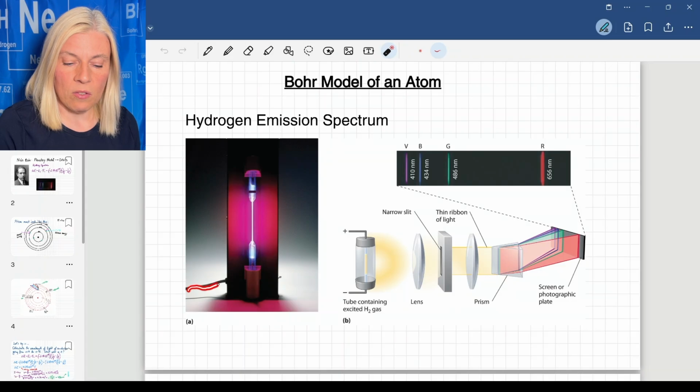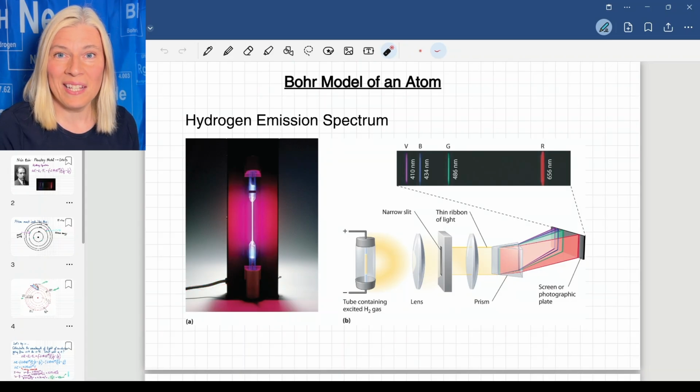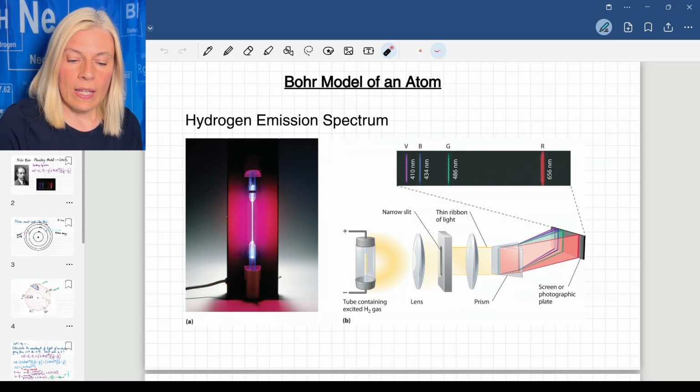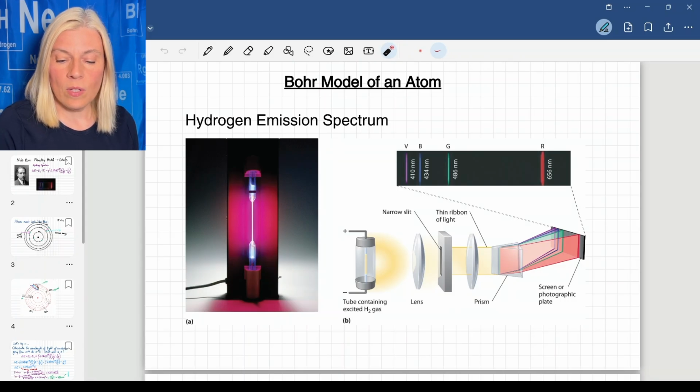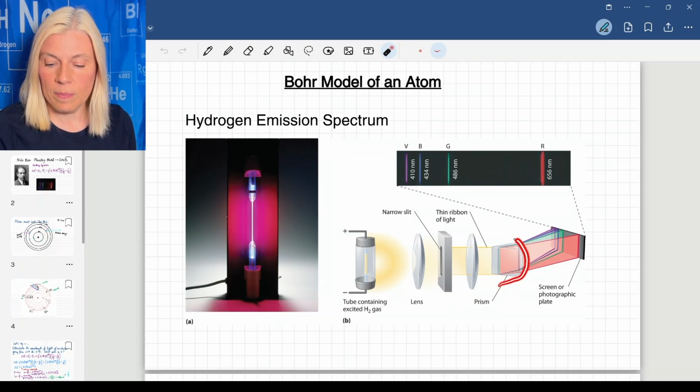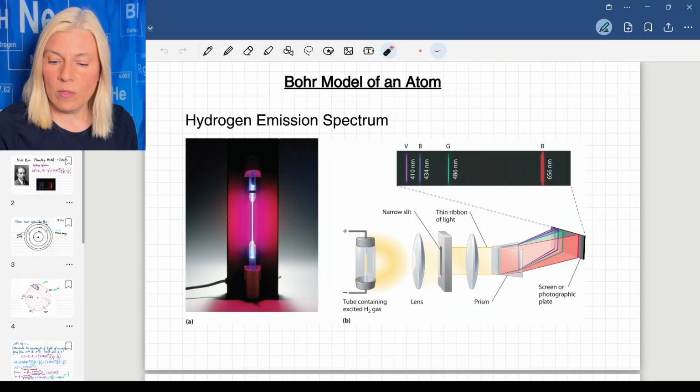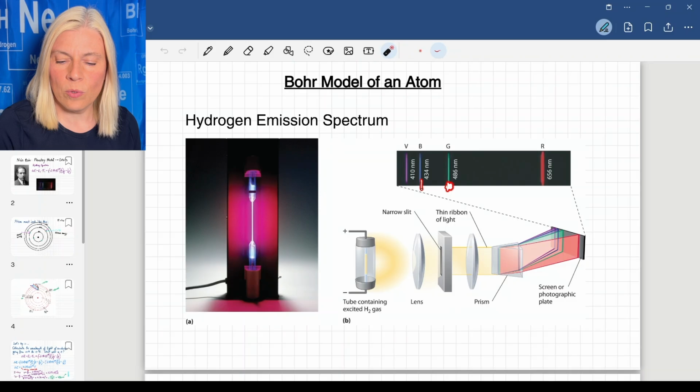We connect it to an electric outlet, we connect it to energy, it lights up, and if you look at it through this prism, you're going to see that it produces 4 very distinct lines. So red, kind of greenish turquoise, blue, and a very, very dark violet. Sometimes you cannot even see this line. Okay, so what's going on?